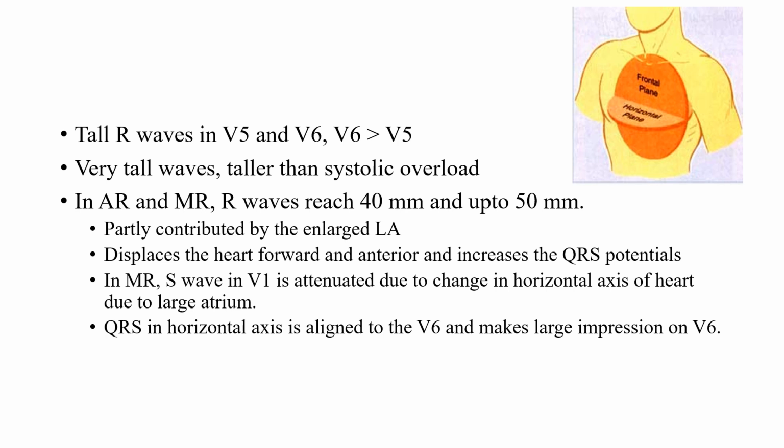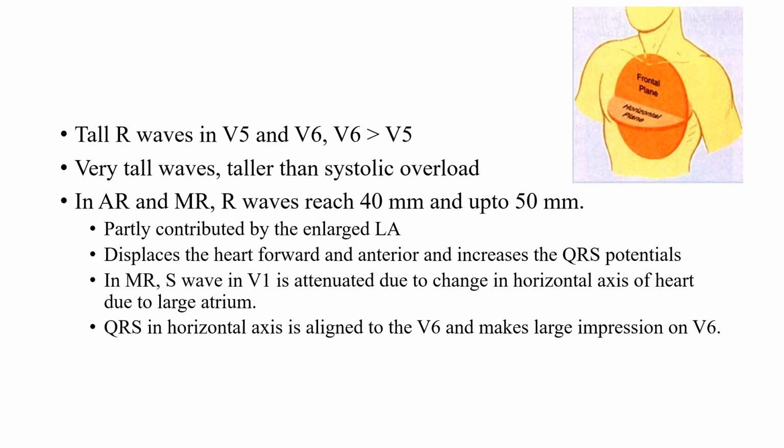What happens here is because of the MR and AR, the regurgitant lesion will cause LA enlargement also, and that will push the heart anteriorly. The horizontal plane of the heart will be shifted more towards the chest wall, so there will be a deviation in the axis towards V5 and V6, and all the vectors will be pointed towards that.